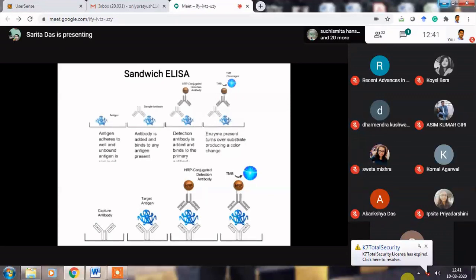Then the enzyme converts the substrate into a colored product which can be read in an ELISA plate reader.